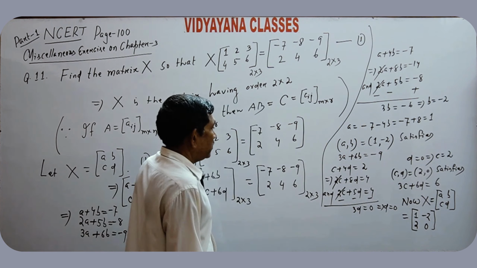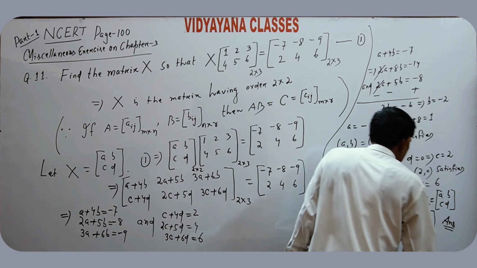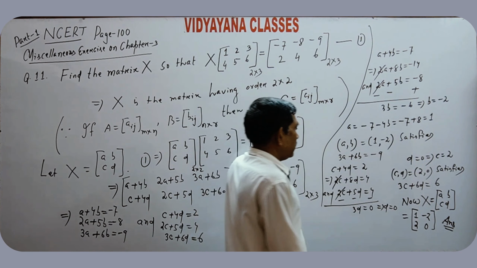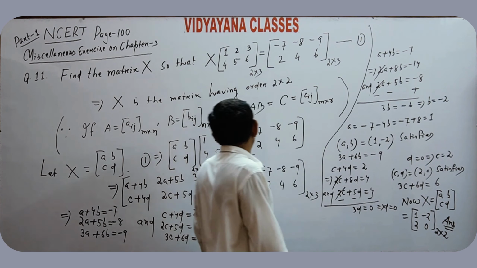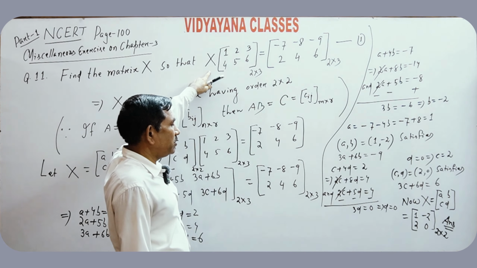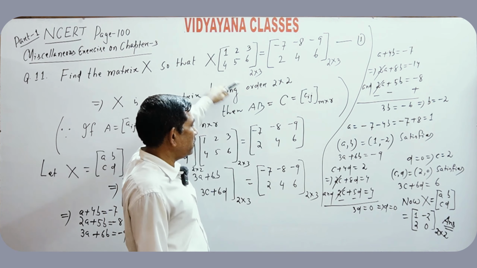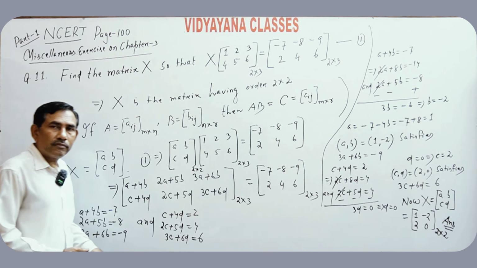Find X. It is the answer, whose order is 2 cross 2. Capital X is a matrix having elements 1, -2, 2, 0 with order 2 cross 2. Clear? Write down.